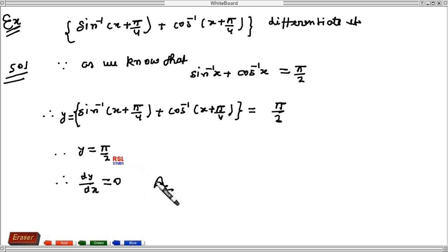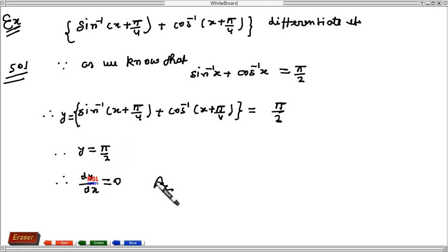Note, this is a constant term, so it is not necessary to differentiate it with respect to x. As pi by 2 is coming, you can also differentiate it with t, z and so on. With any variable you can differentiate it, because the term no longer contains an x term or t term or z term, but it's only a constant term.